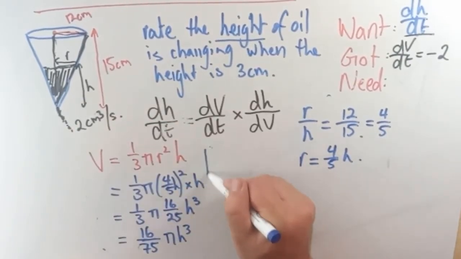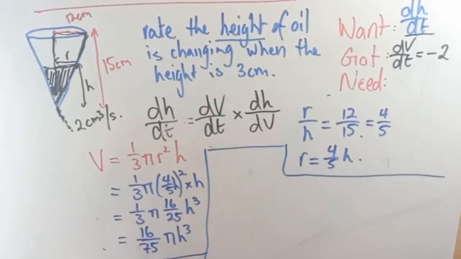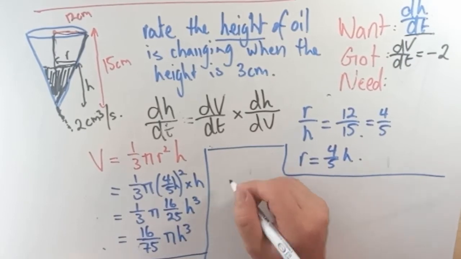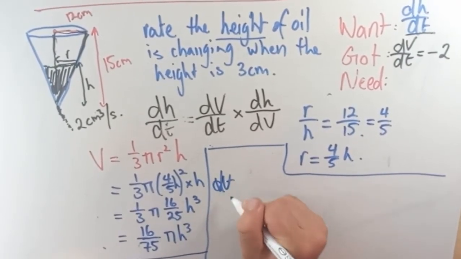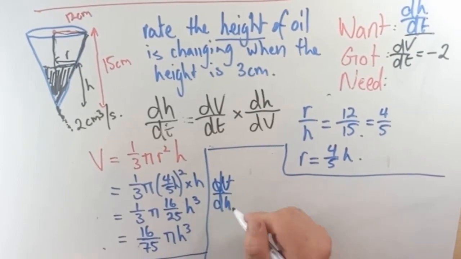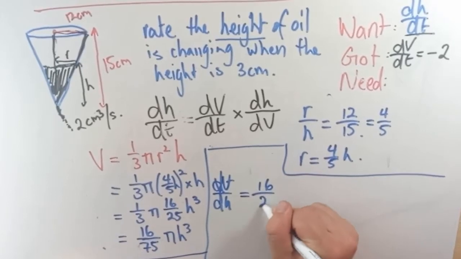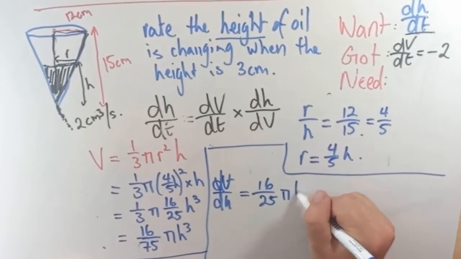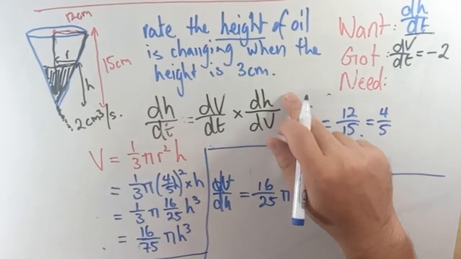Let's find dV/dh. dV/dh equals, times it by 3, 16 on 25 pi h squared. That's cool. I flip it upside down.